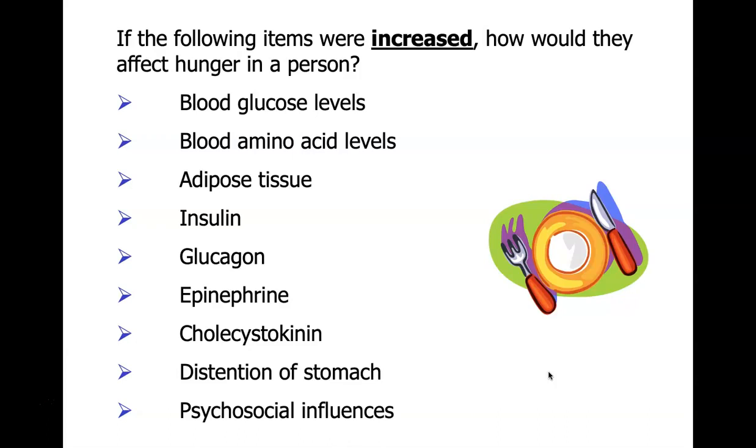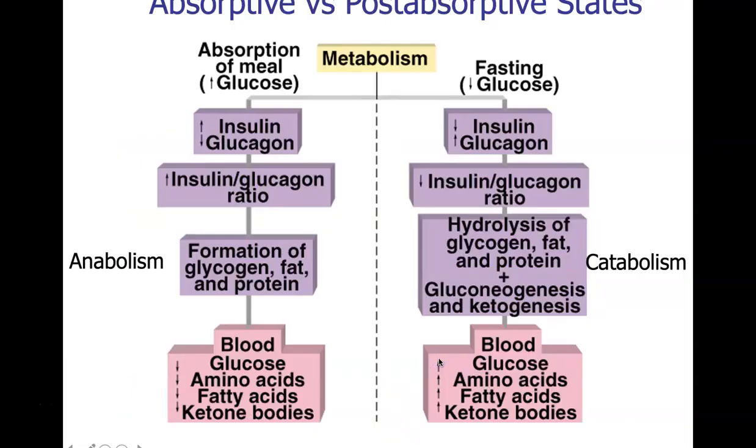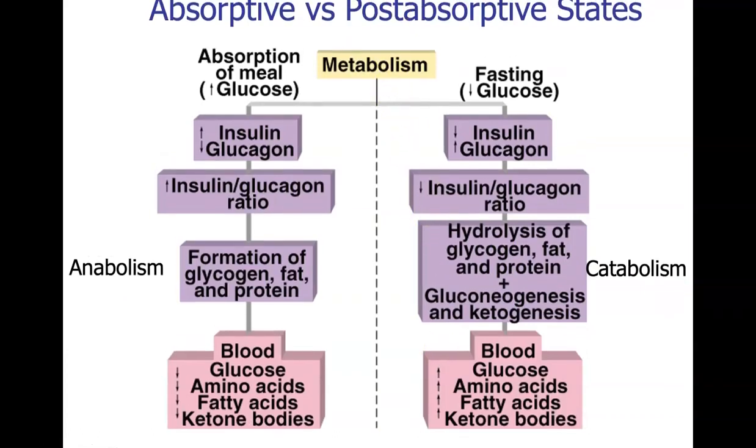So cholecystokinin, that's CCK, distension of the stomach, and psychosocial influences. So what do you think would happen? And if you want to talk with me about that in office hours, I encourage you to come do so.